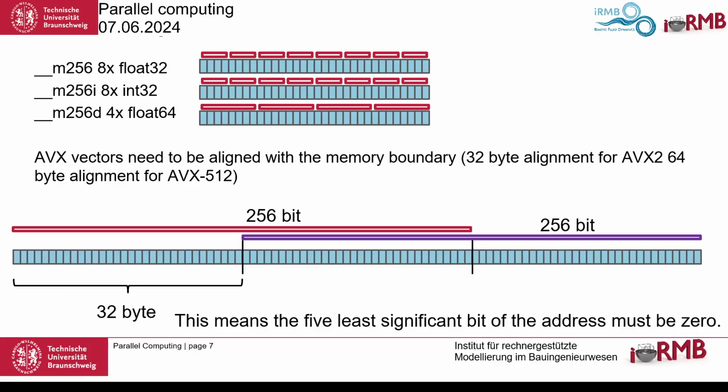As is usual with most vector processing units, they cannot address memory at an arbitrary location. They must always be aligned. So these vectors must always be aligned. What does it mean? Your memory starts with an address 0, and then each byte has its own address.